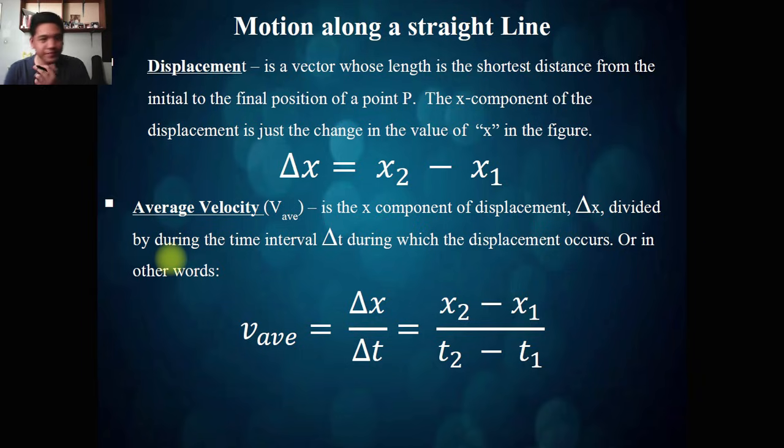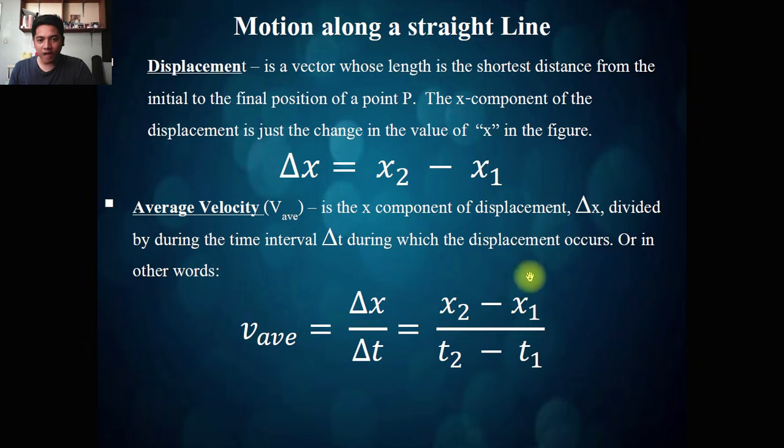So we have here the average velocity. What is the average velocity? Basically, average velocity is delta x divided by delta t. In other words, the average velocity is the x component of the displacement, delta x, divided by the time interval delta t. When we talk about delta, it always refers to change. So delta t and delta x are the change during which the displacement occurs.